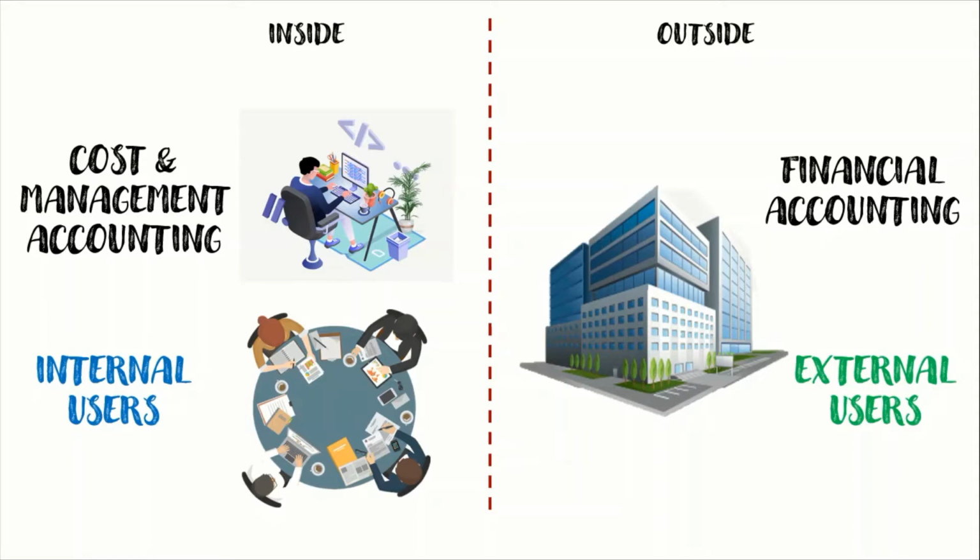In the inside, cost and management accounting, which are information that are made by the employees, they are used by the managers to make decision making. Only within the company, the information is shared within the company. They are used by managers, directors to make decision for the business.